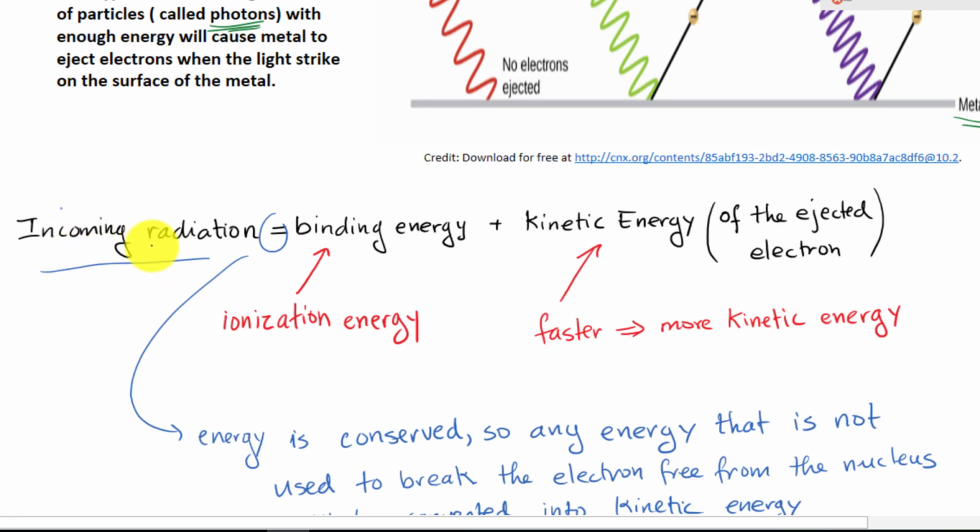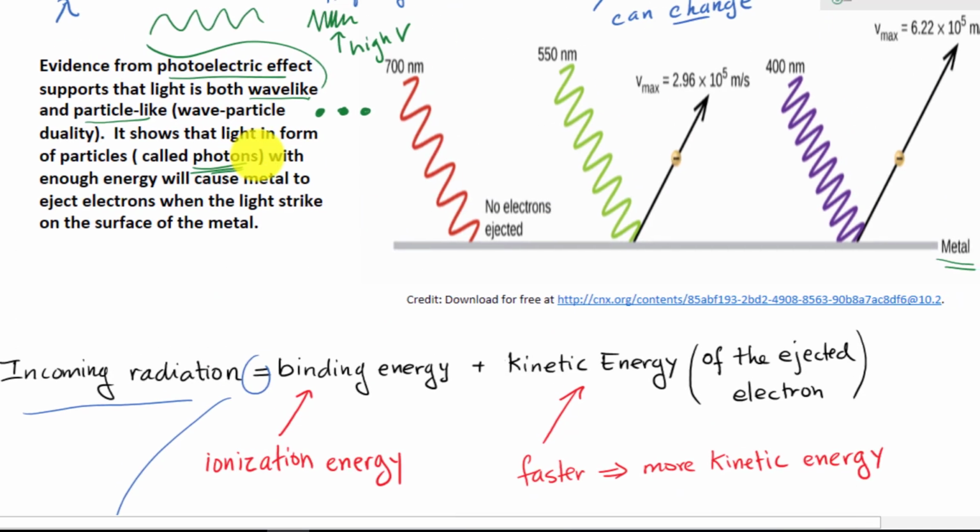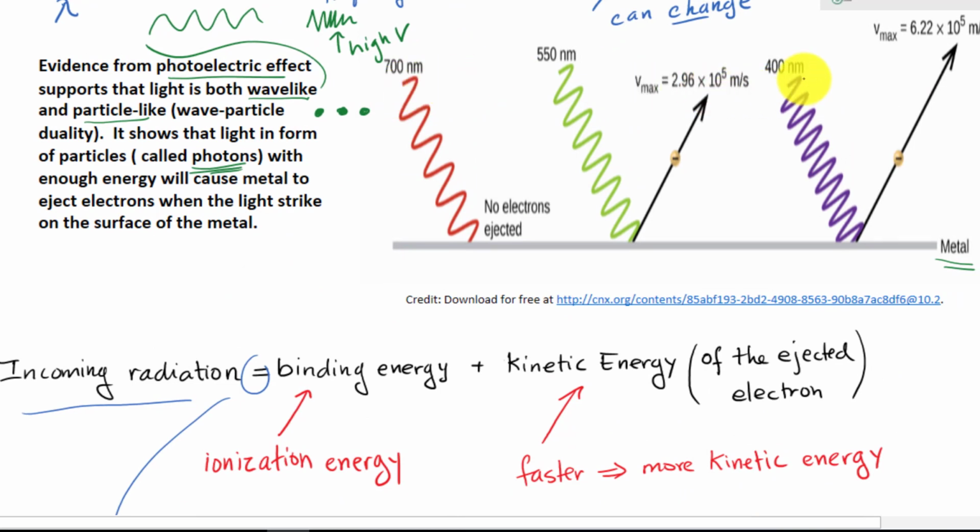It's basically incoming radiation equals binding energy plus kinetic energy of the ejected electron. The incoming radiation is the different light that we use to shine on the piece of metal, because different light at different wavelengths will have different energy.